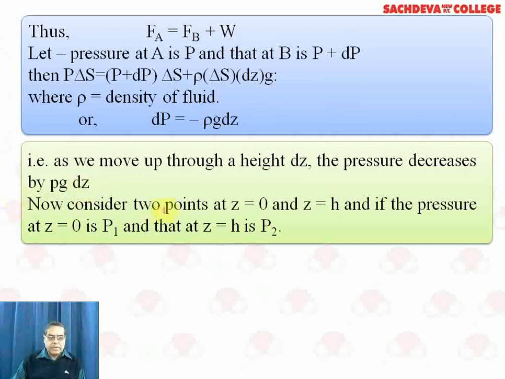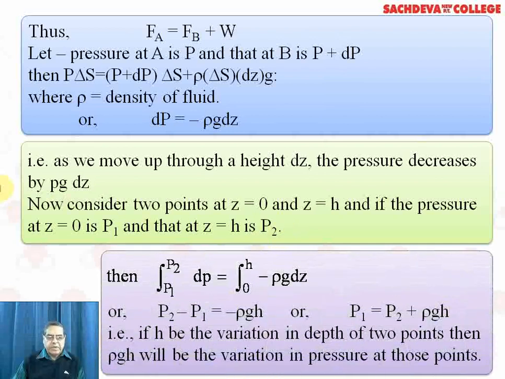Now consider 2 points at Z0 and ZH. If the pressure at Z0 is P1 and that at Z is H is P2, then we have to integrate dP from the limits P1 to P2.